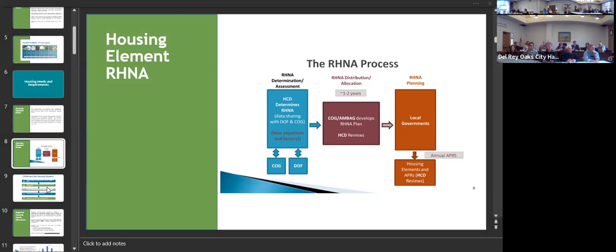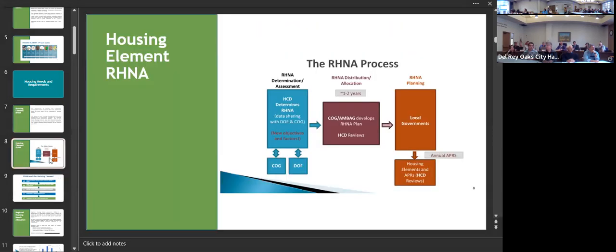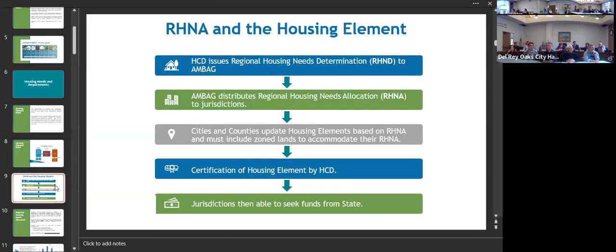It took all of 2022, if not longer, and by the end of 2022, we had the 6th cycle housing element amount. We've got a requirement under what's called the regional housing needs assessment.